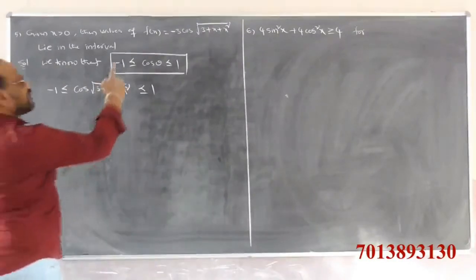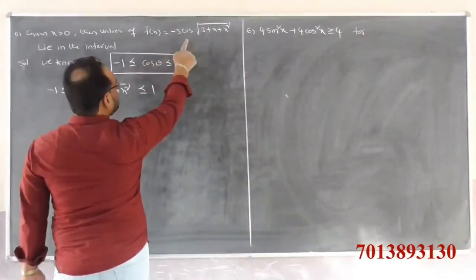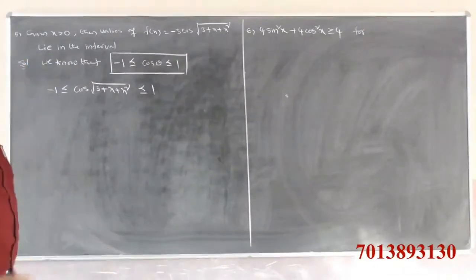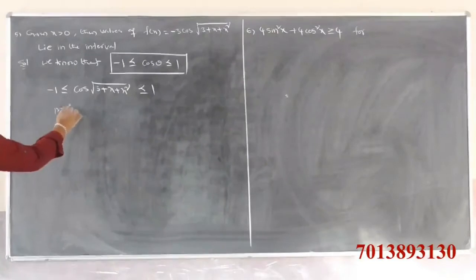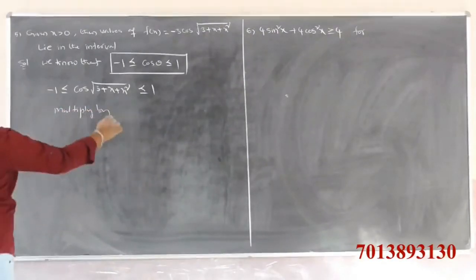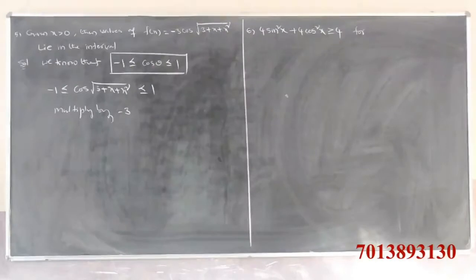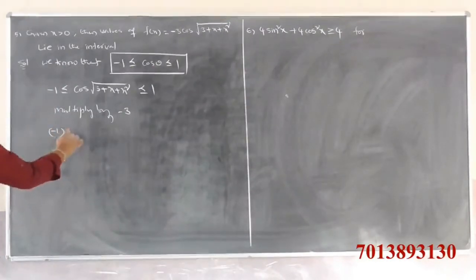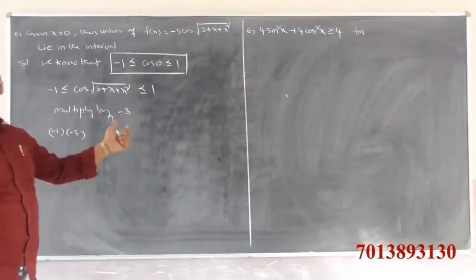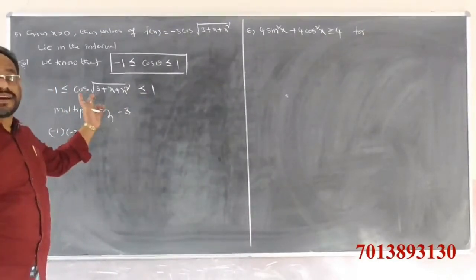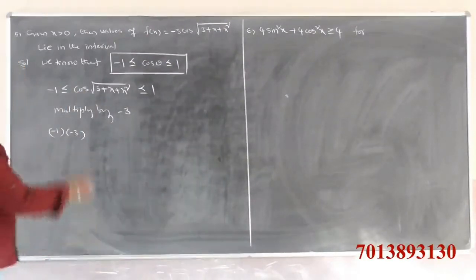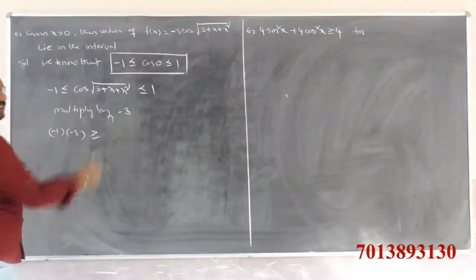Observe here, they gave the function f of x equal to minus 3 times cos of the square root of 3 plus x square. So first of all, multiply by minus 3. If you multiply by a negative quantity, the inequality sign also will be changed. That is, less than or equal to is converted into greater than or equal to.